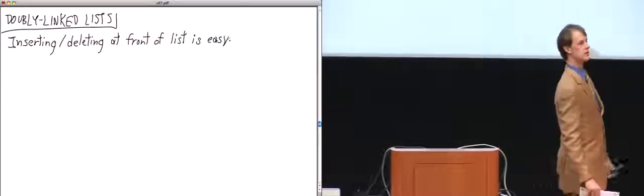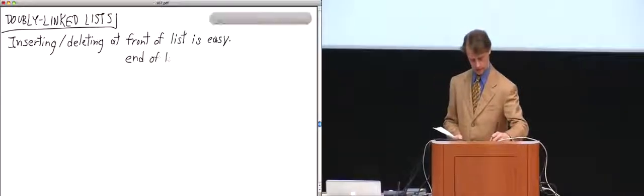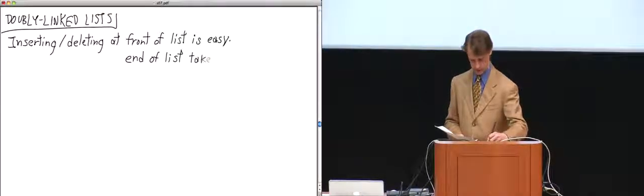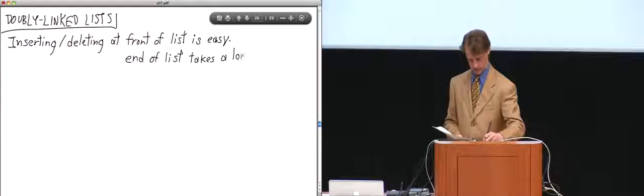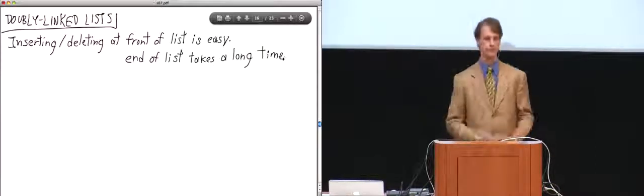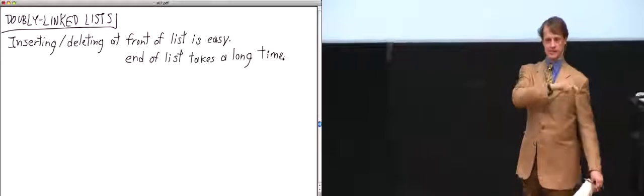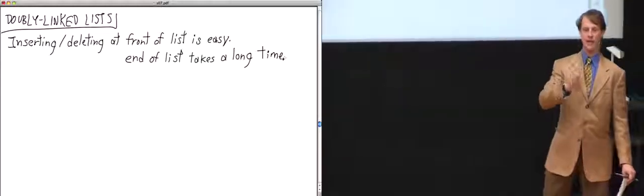But inserting or deleting an item at the end of a list takes a long time. Why? Well, because you have to start at the head of the list. You have to go next, next, next, next, next, next, next until you get to the end of the list, and then you can do something with the end of the list. That takes a while if the list is big.